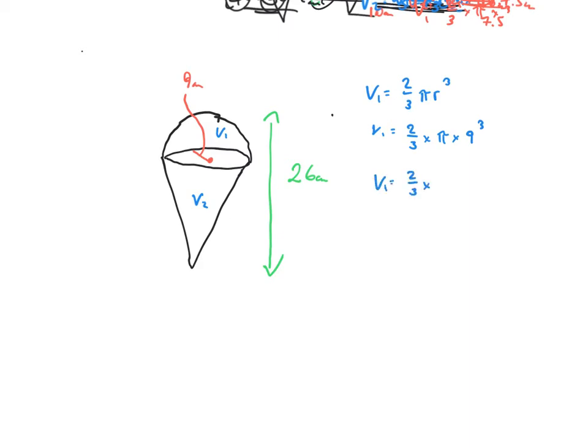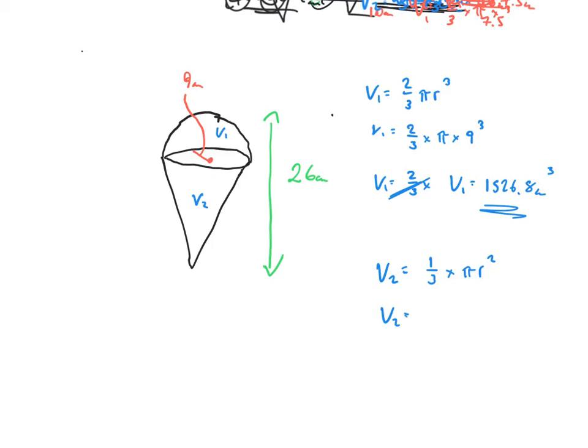So that's 2/3 times pi times 9 cubed, and that is 1,526.8 cubic centimetres.